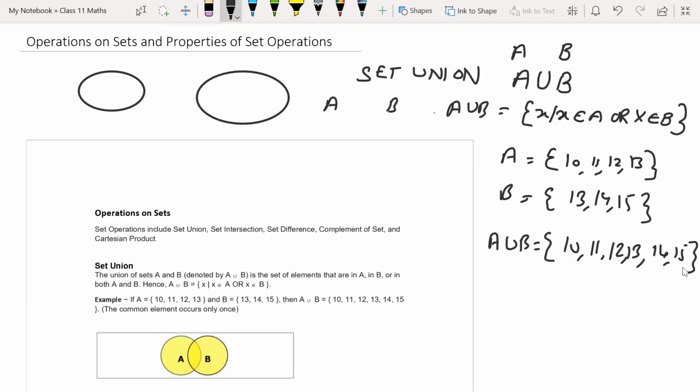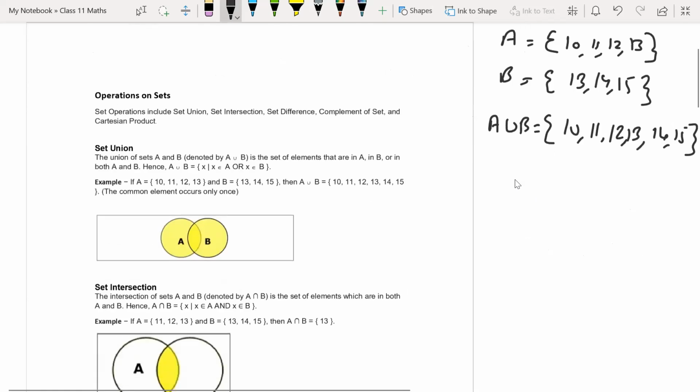This is A ∪ B. What is the common element? The common element is 13 in both set A and set B, so that occurs only once. That is the result of the union of sets A and B.